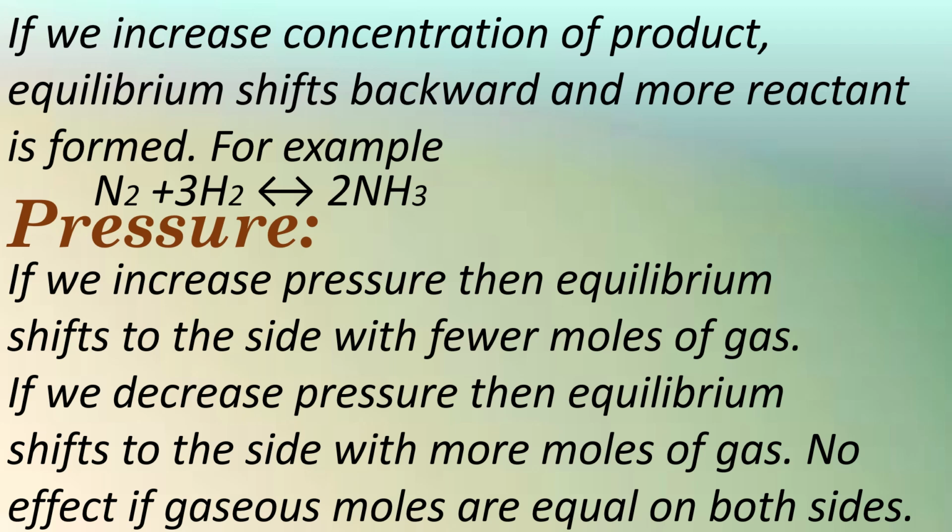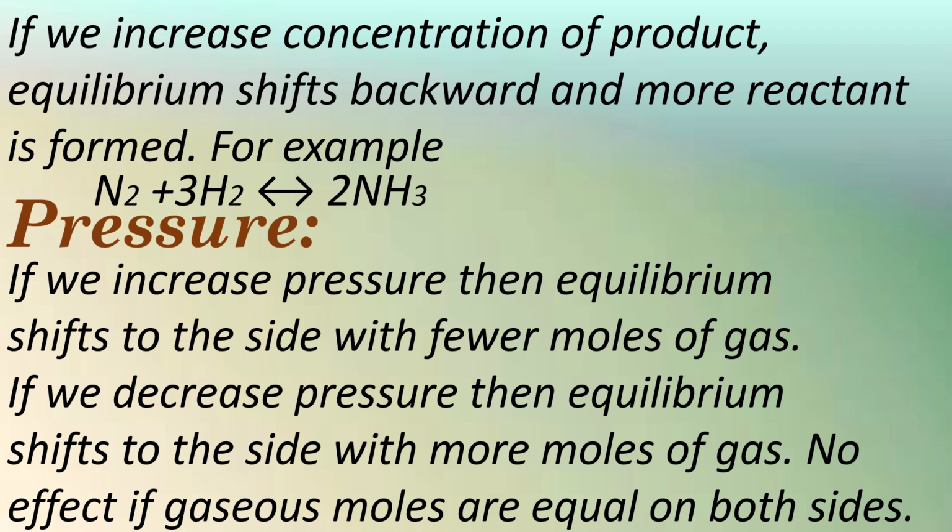So increase pressure, so decrease volume, so the forward reaction occurs, because on the reactant side there are 4 moles, on the product side there are 2 moles. So the reaction shifts forward and fewer moles of gas are produced.